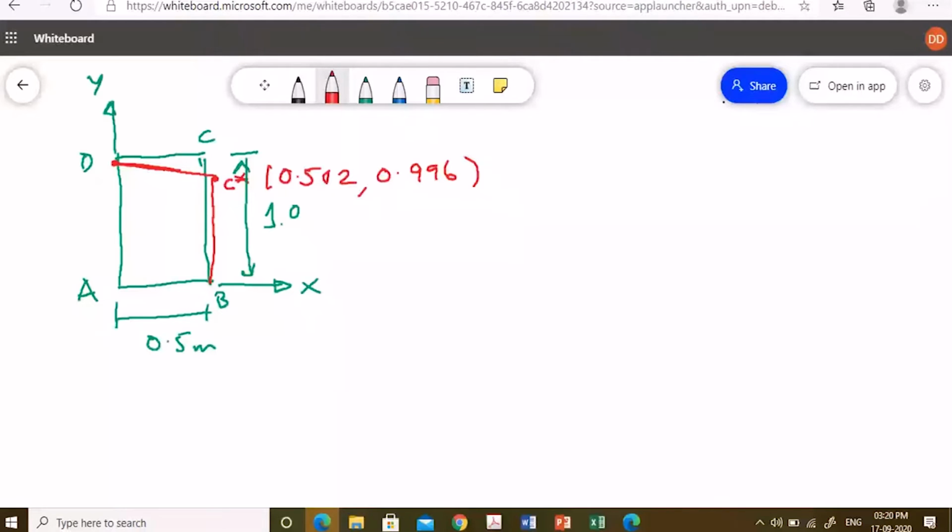Now you have to tell me what is epsilon xx, epsilon yy, and gamma xy at point C. What is this value? Okay.